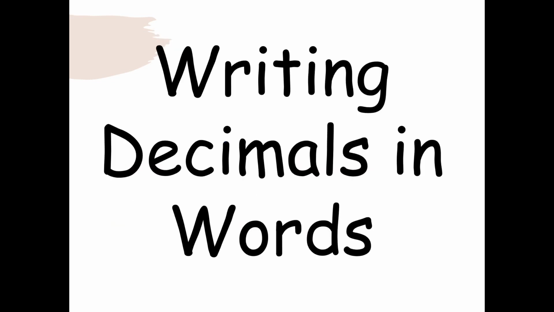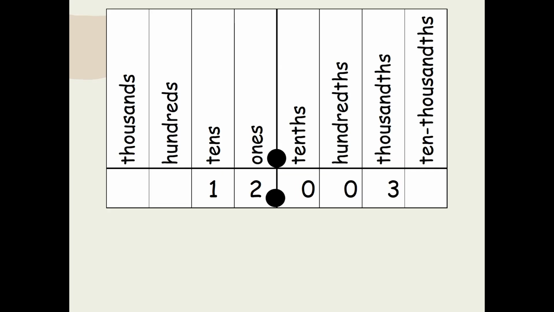Is this clear? Now, let's write decimals in words. Example, this one. How do you write this in words? 12. How do I write the decimal point? The decimal point is read as "and."